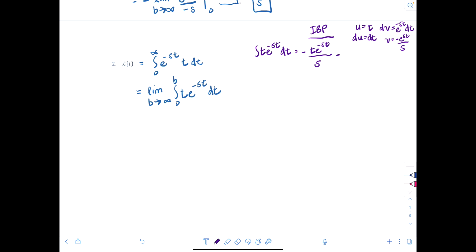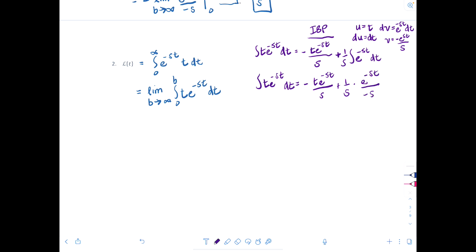So let's see, we can go ahead, minus is plus. We can factor out that 1 over s, and then we'll have the integral of e to the negative st dt. So we will get the integral of t e to the negative st dt is negative t e to the negative st over s plus 1 over s times e to the negative st over negative s.